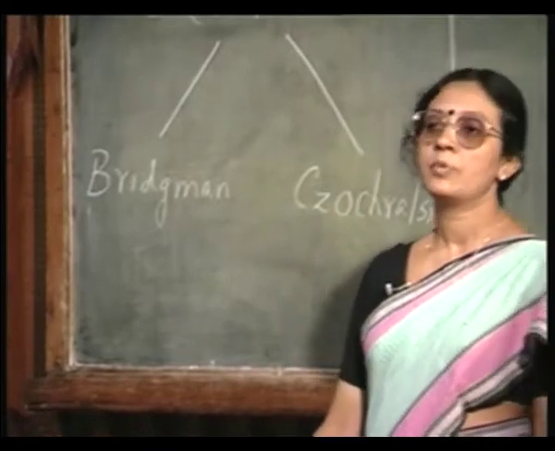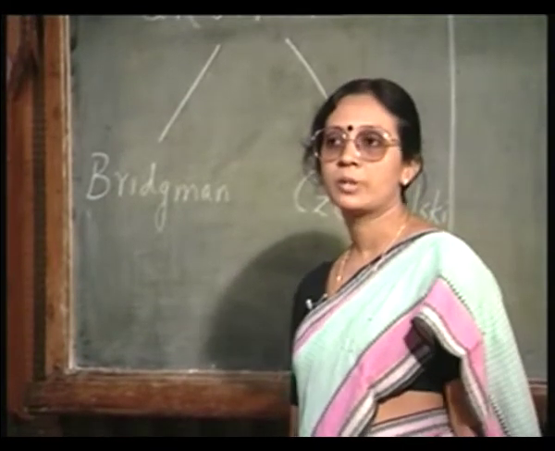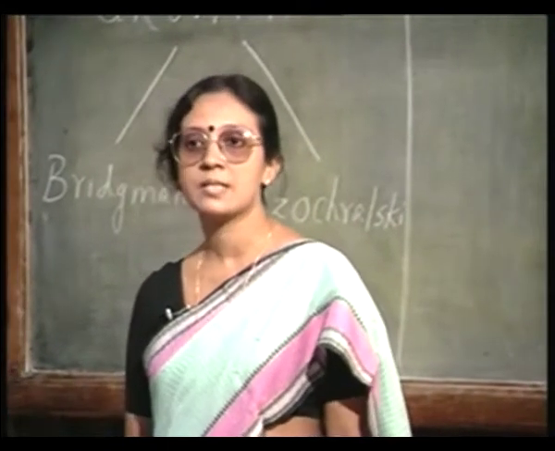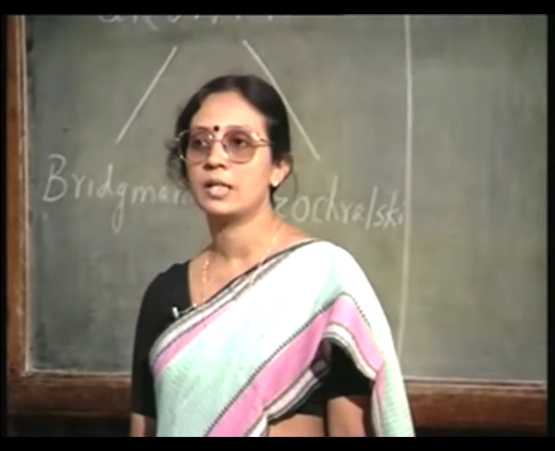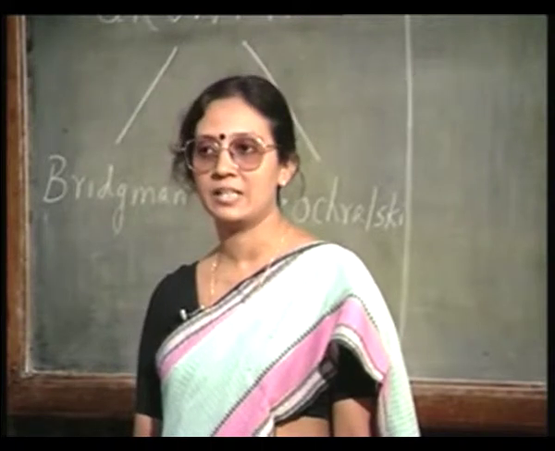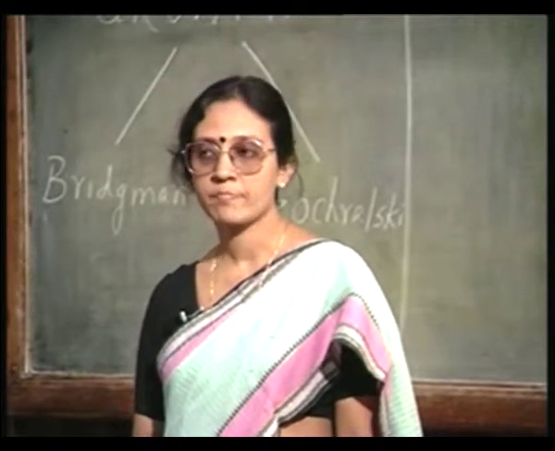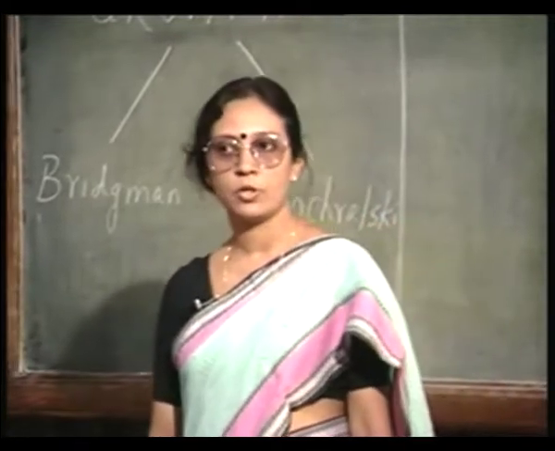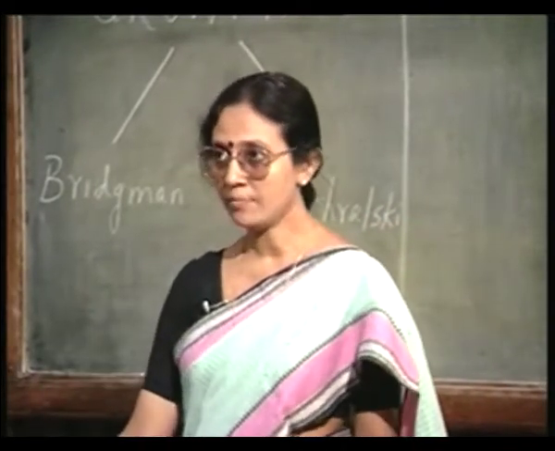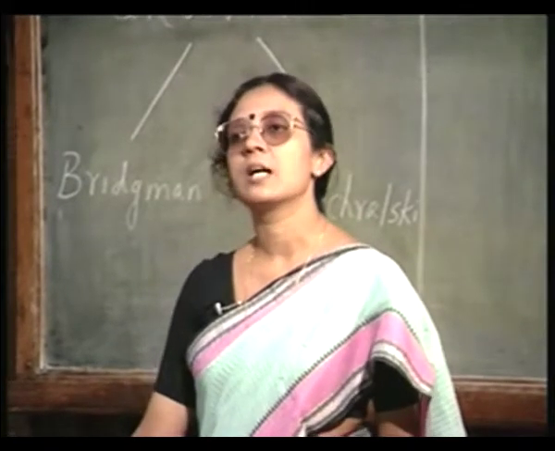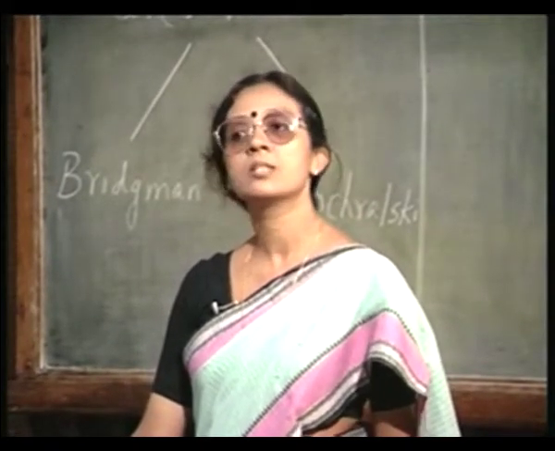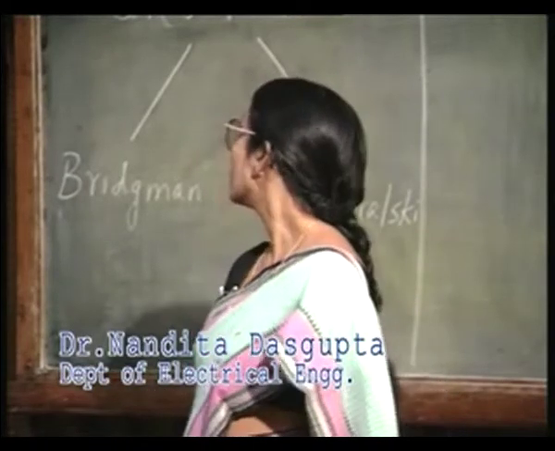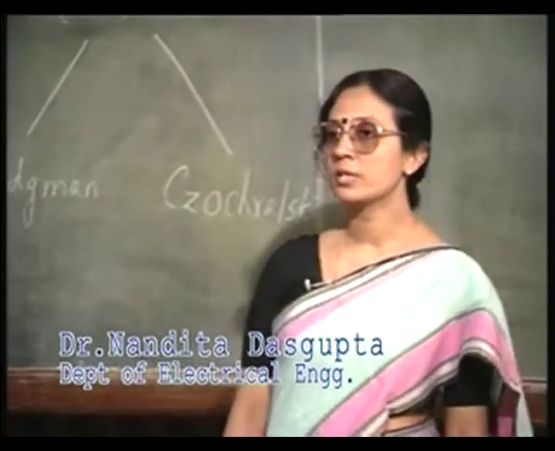It is purified further in order to get very high purity semiconductor grade silicon, that is 6N purity or 99.9999% purity. Once we have obtained this highly pure semiconductor grade silicon, we can use it as the starting material to obtain our single crystal. So, that brings us to the unit process step of crystal growth.